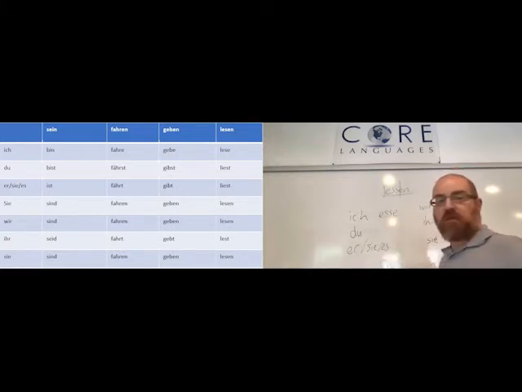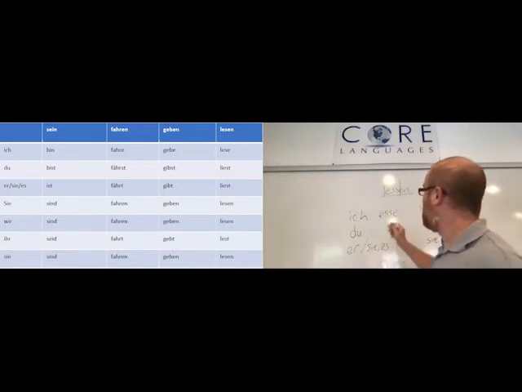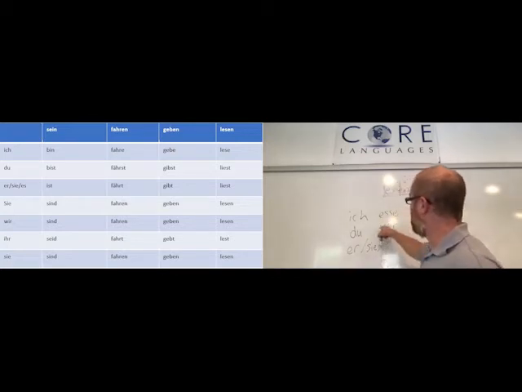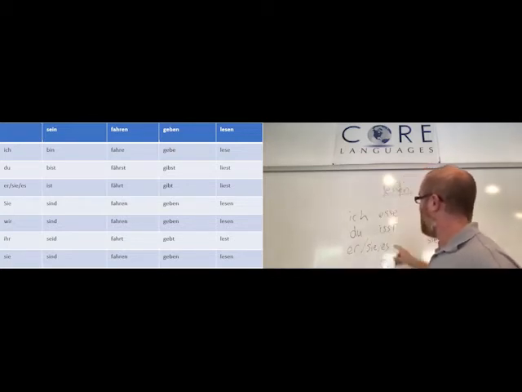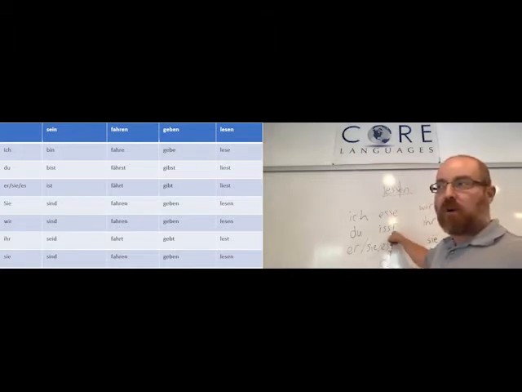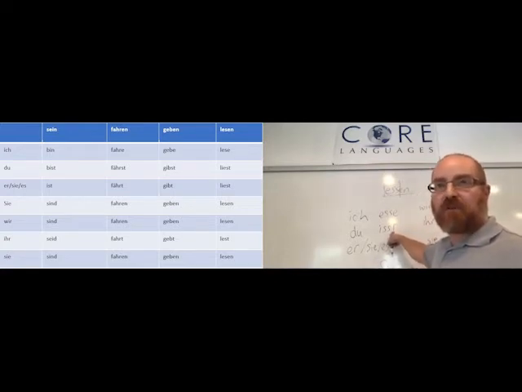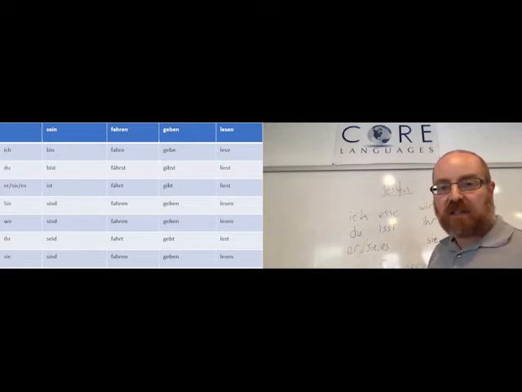All right, now the du form goes E to I. So we end up having isst. And unlike what we usually have, and there's a little rule and an exception to this, we typically add st for all du forms, except when the stem ends in an s, a double s, an eszett, or a z.